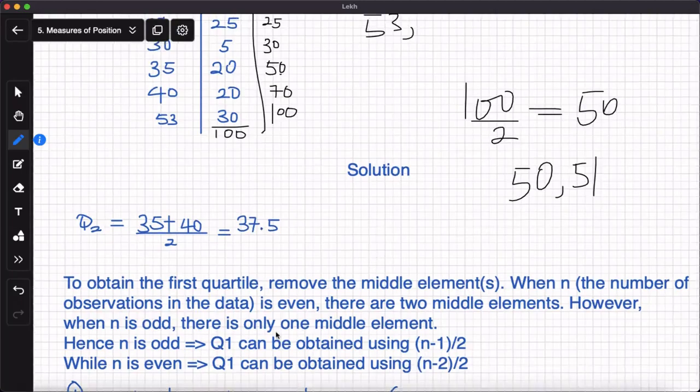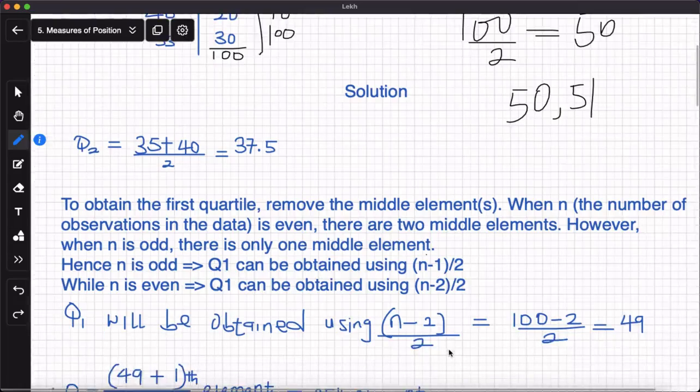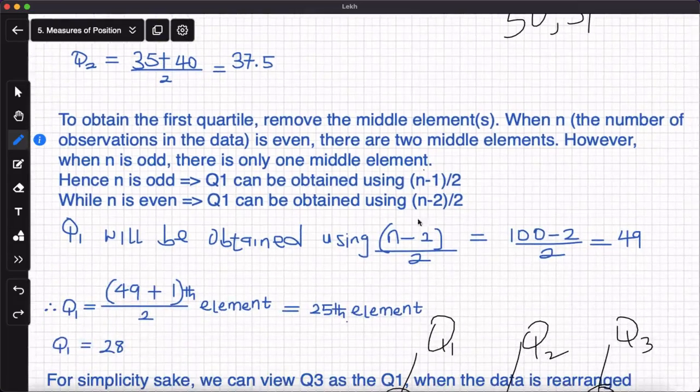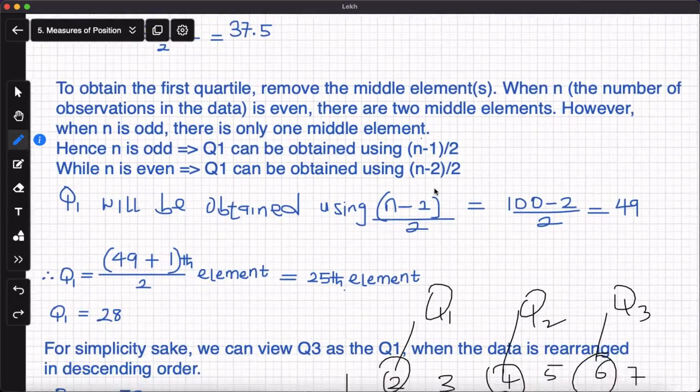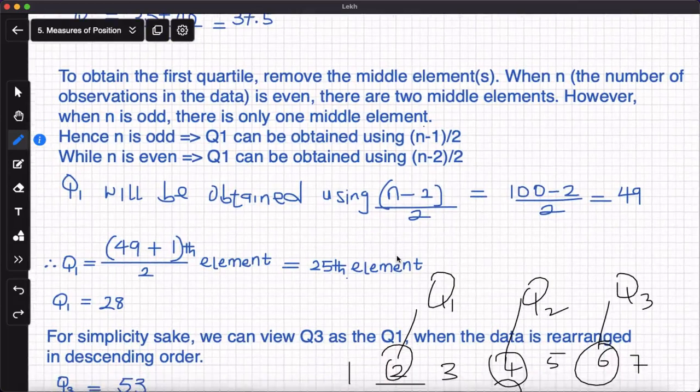if n is odd, then we will have only one observation in the center. But if n is even, we'll have 2 observations in the center. So when n is odd, we can obtain Q1 by using n minus 1 divided by 2.